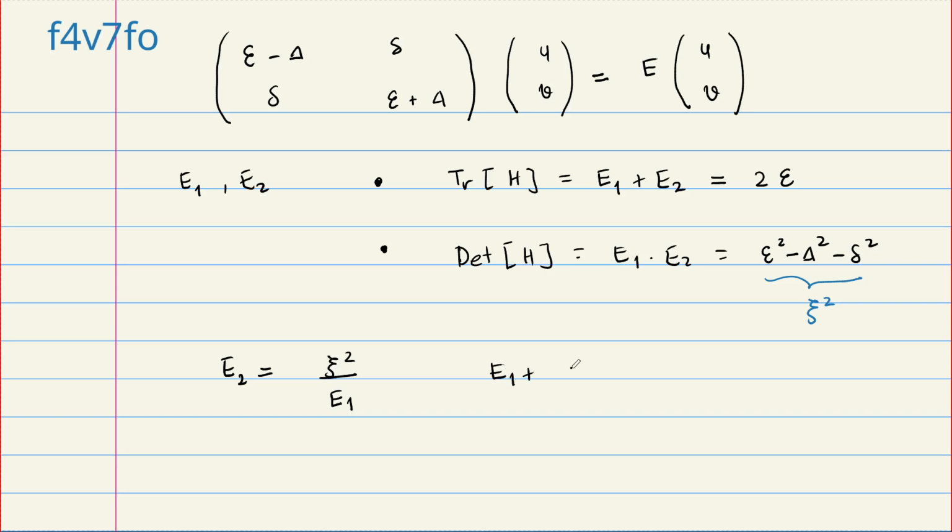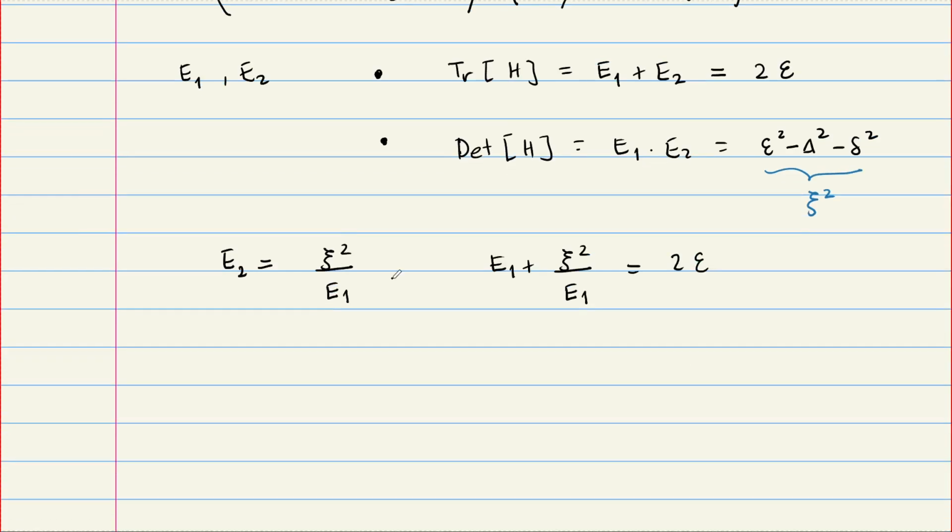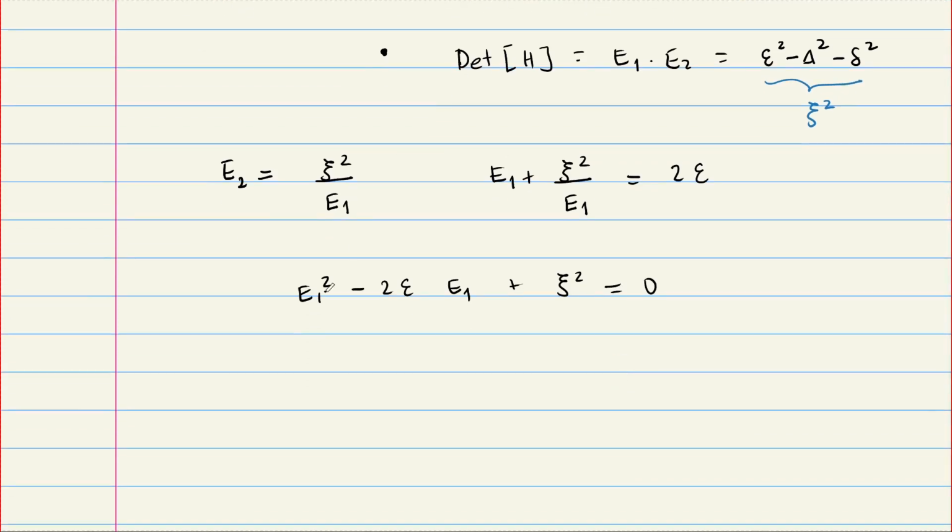E1 plus E2, which is E1 plus psi squared over E1, is equal to 2 epsilon. Then I have E1 squared minus 2 epsilon E1 plus psi squared is equal to 0. And that's the quadratic equation.